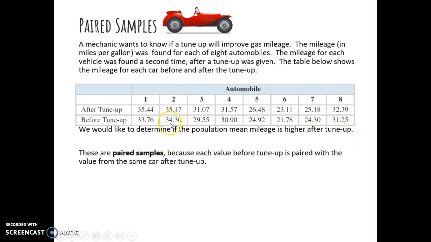So this is considered a paired sample because each value before tune-up is paired with a value from the same car for after tune-up. So this is when our samples are directly related. Each data value in the first sample is related to a specific data value in the second.